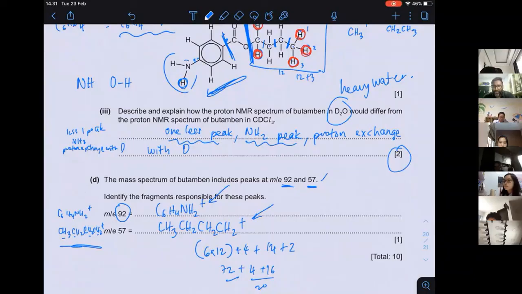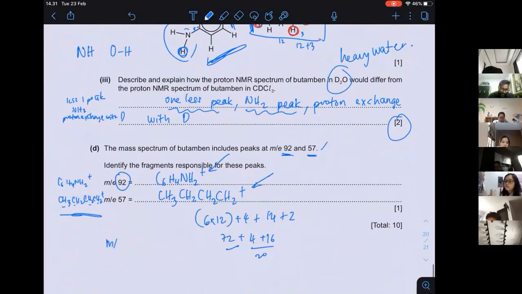Now on top of this, let me teach you one more. If they suggest an m/e that is not 92 but 92 divided by 2, so it's 46, for example, you can also give your answer as C6H4NH2 2+.